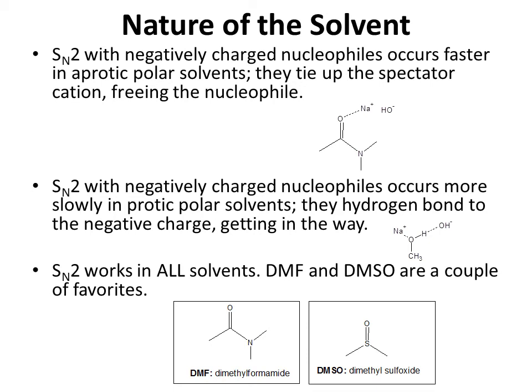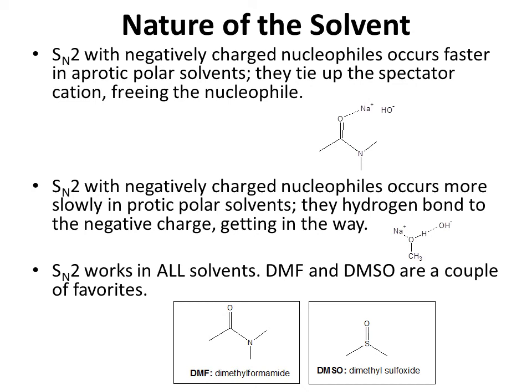And it's that hydrogen bonding to the hydroxide which is slowing down hydroxide's ability to react, because now it's being surrounded by these methanol molecules, which are getting in the way of it trying to react with the carbon electrophile in an SN2 reaction. So hydroxide is trying to get in there, react, and this methanol's all hanging out around it, getting in the way, diminishing its partial negative charge, slowing down the reaction.